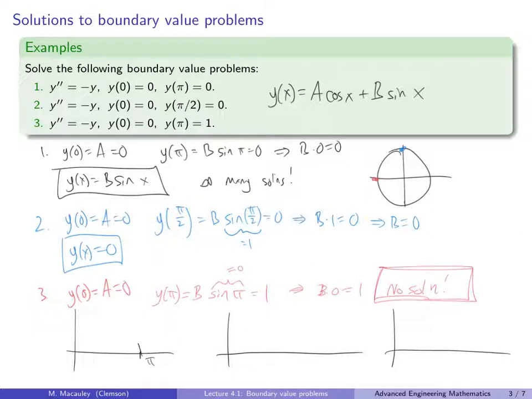So for example, there's a function. This is say sine of x. We can have 2 sine of x, 3 sine of x, etc. Any of these, even negative, is going to work. All we need is a sum of sine and cosine waves like this with period 2 pi that go through this point and go through that point. So there's a whole infinite family of them.